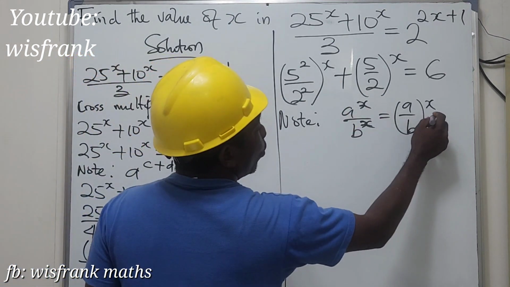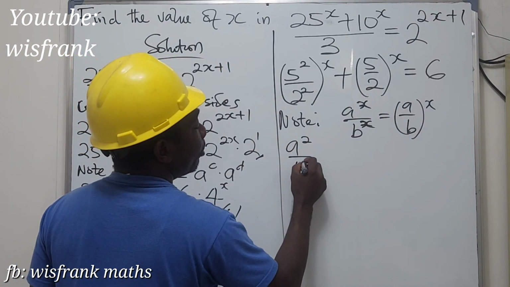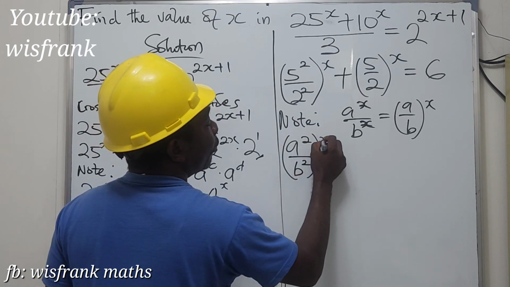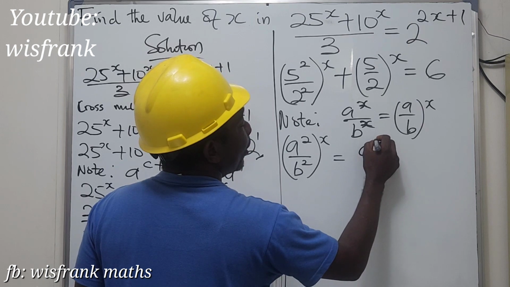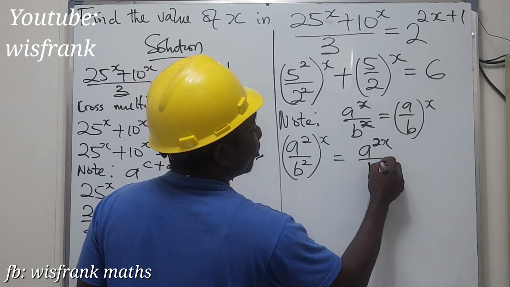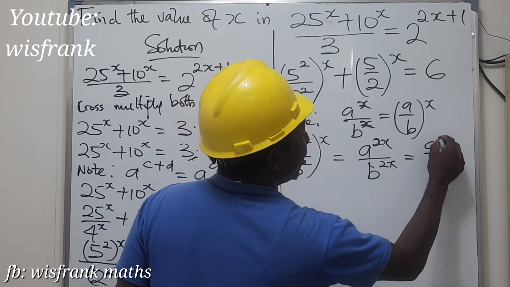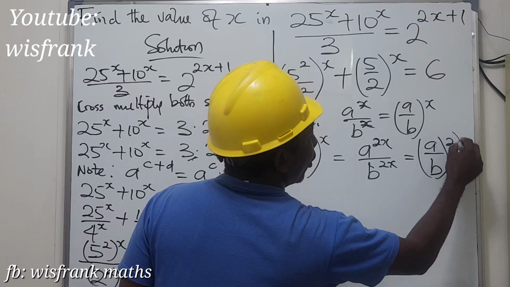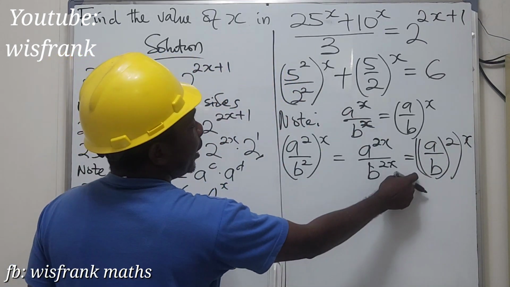And also when we have a to the power of 2 and b to the power of 2, all to the power of x, this can be written as a to the power of 2x all over b to the power of 2x, and also as a all over b all to the power of 2, all to the power of x. So we are going to express this in this format.